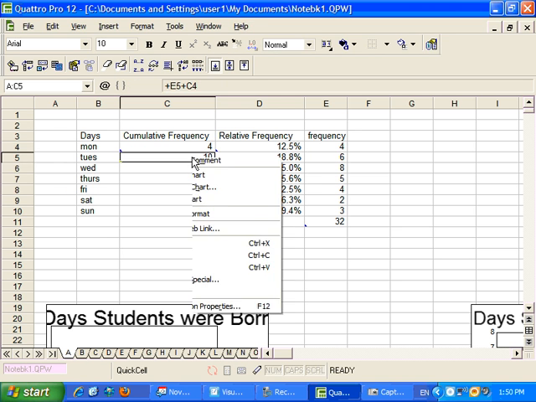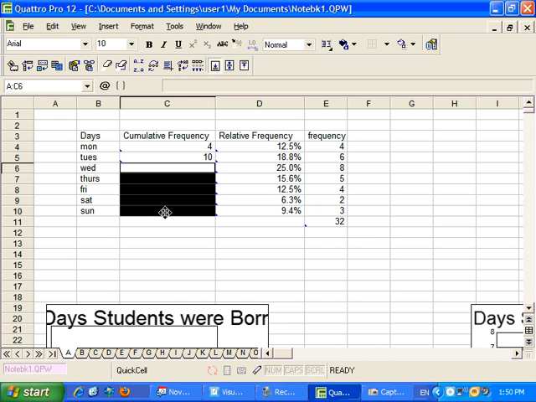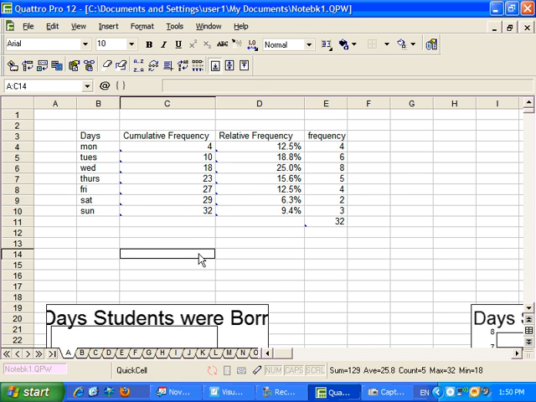So what you end up doing is adding it up, and when you get to the last day, the value on Sunday should be 32 because it's increasing every day. So when I hit paste, the last one's 32. 6 plus 4 is 10, 10 plus 8 is 18, 18 plus 5 is 23, so it's just adding them all up.